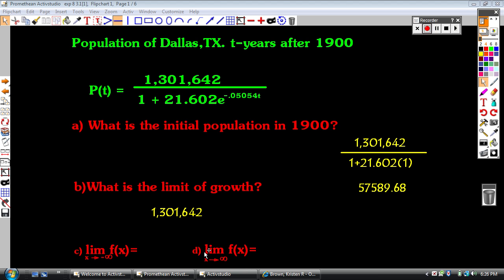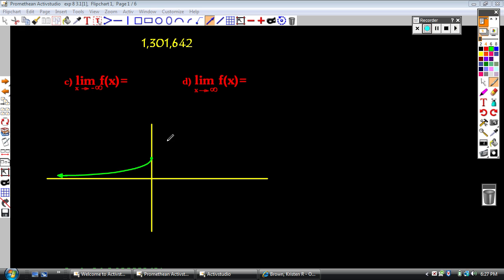To answer the next questions about end behavior, we need to know what the logistic function looks like. So I'm going to show you what the logistic function looks like. We're going to graph it. The logistic function is very similar to the exponential function in that it increases at an exponential rate. However, we have the carrying capacity.